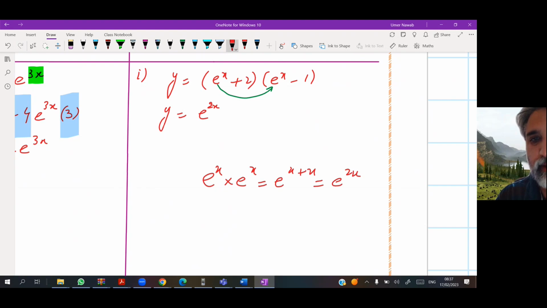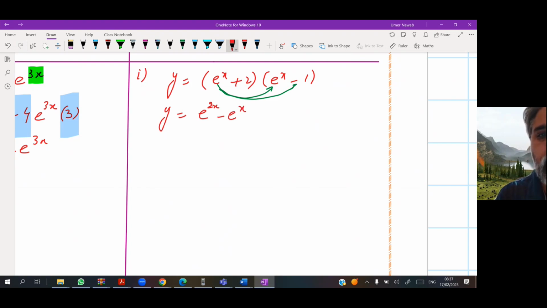So x plus x is 2x. That's why I wrote e^x times e^x is e raised by 2x. Then we need to multiply e^x with minus 1. So it will give me minus e^x. Then I need to multiply this to e^x. Then plus 2 multiplied with minus 1 is minus 2.